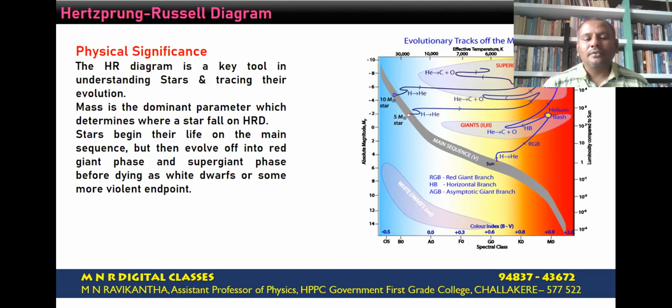If you take a star with an average mass of 5 times the solar mass, after completing the thermonuclear reactions, it directly enters the supergiant stage, then a horizontal branch, and finally ends up in some more violent endpoint. Similarly, stars with mass 10 times the mass of the sun become supergiants and end their life with some other endpoint.